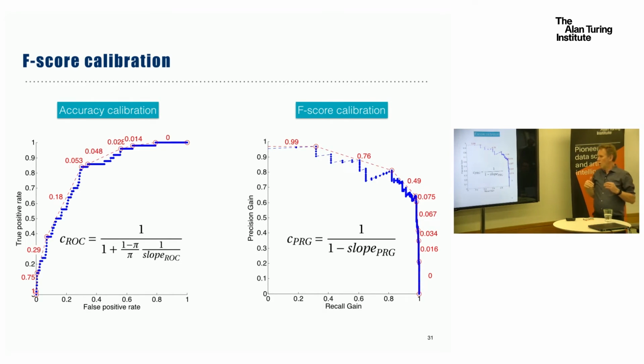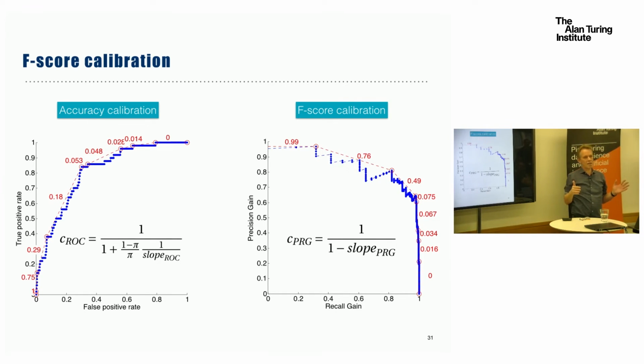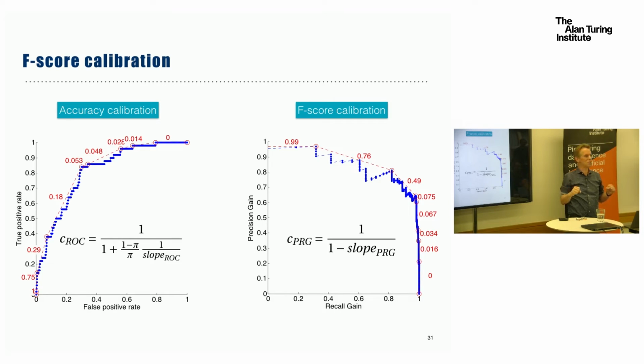So the upshot of this is that I think we need to get used to the idea that our machine learning models should output more numbers, more things. There's no reason why a classifier can only ever output one number.